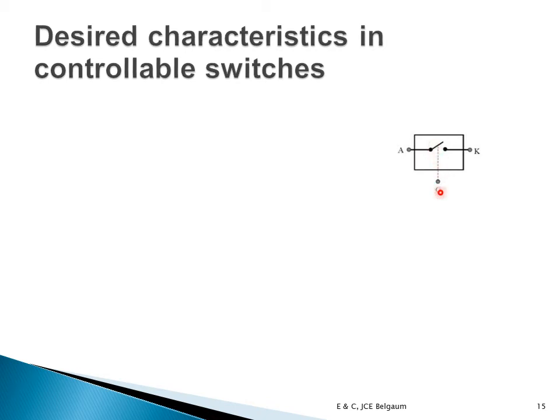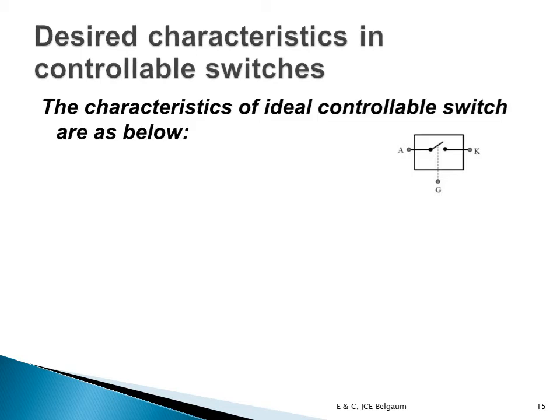By the gate. So this is basically an electronic switch that we have drawn, and if I compare it with the mechanical switch, I have to turn that on and off physically. Unlike here, I am going to turn it on and off with a pulse given to the gate. I don't have to use my physical strength to turn it on and off. So this is the advantage of an electronic switch.